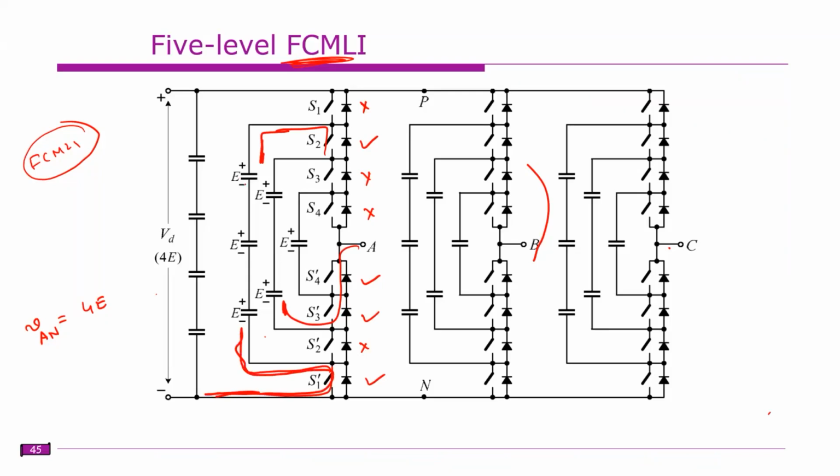So this entire voltage is E. At this point, this voltage is 3E. At this point, this voltage is 2E. So what is the voltage here? 3E minus 2E, so the voltage is E. So you can get E voltage. Understood?